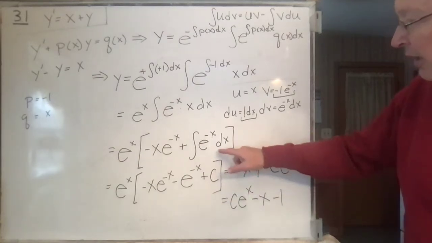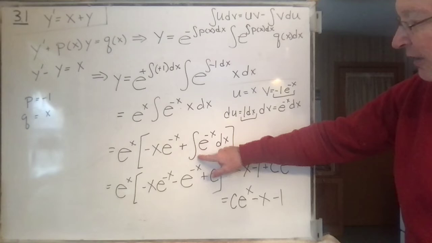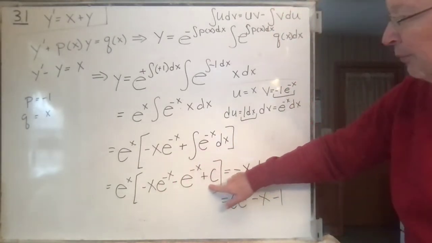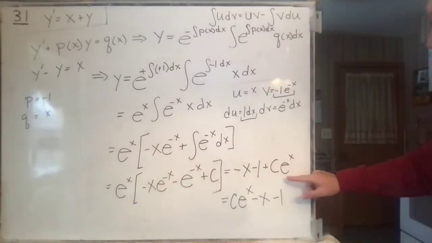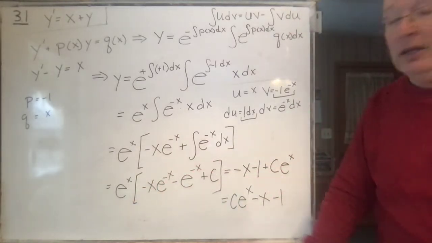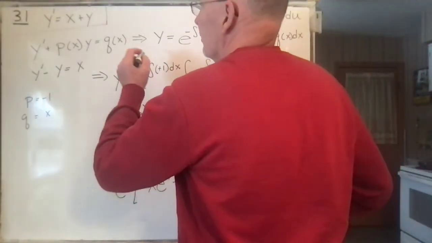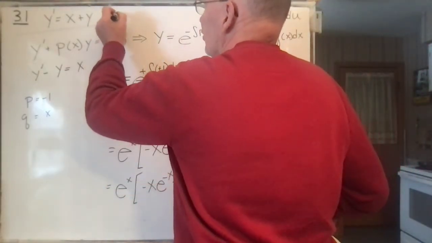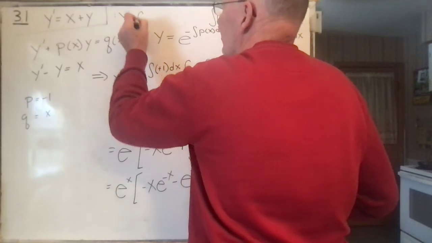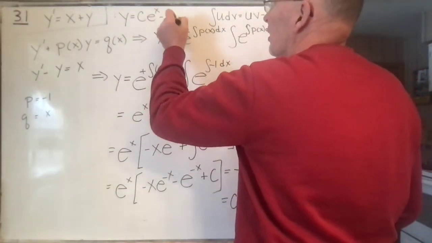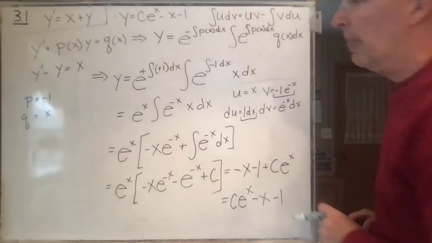No, no, no. At the point where you take the antiderivative there, that's where you need the c, and then in this case you have to multiply that through by the e to the x, and it ends up being right there. Okay, so there it is. So let's go ahead and write this down. The solution is y is equal to c e to the x minus 1.